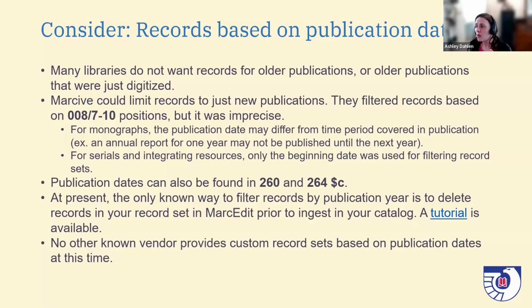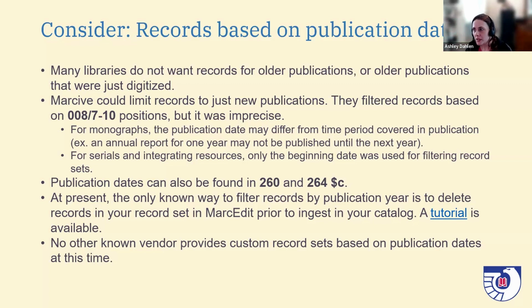His example would be the GPO annual report for 2024. The publication year is going to be 2025, right? You can't produce or publish an annual report in the year being covered. So it's going to be offset by a year. So there's a little bit of an issue there.